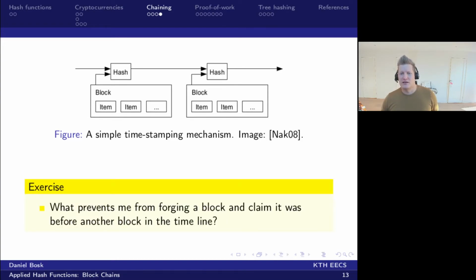Then the question is, what prevents me from forging a block and claim it was before another block in the timeline? So taking, for instance, an item from here, claiming it appeared here. What prevents me from actually doing that?